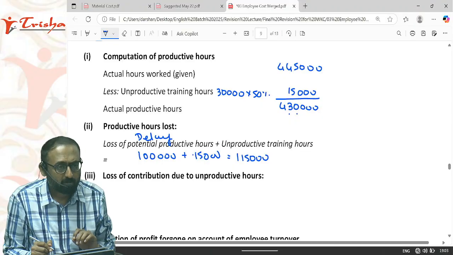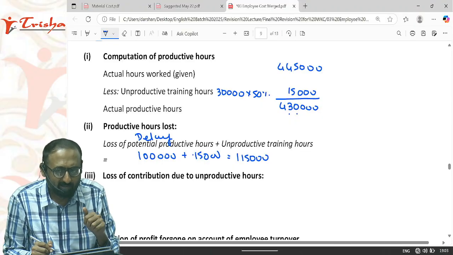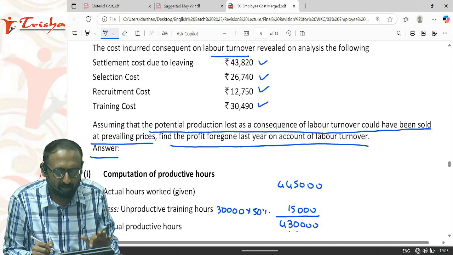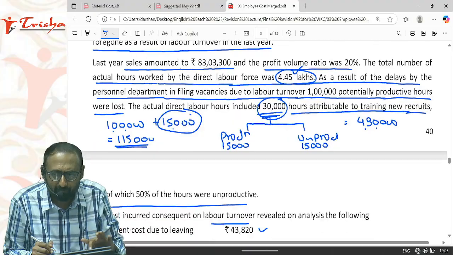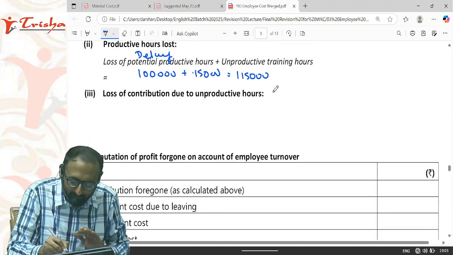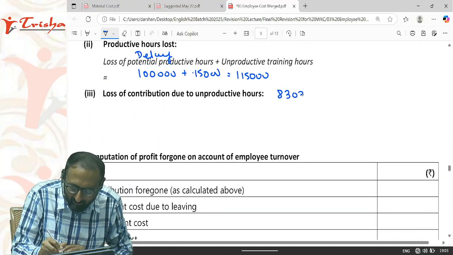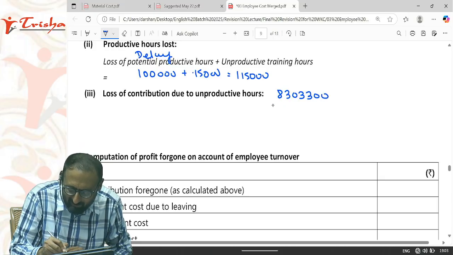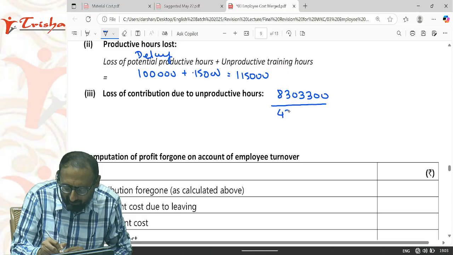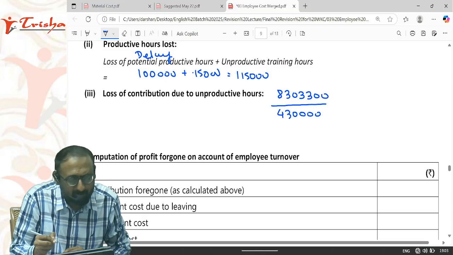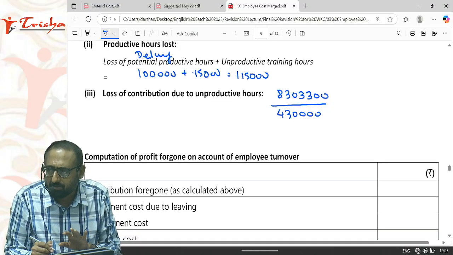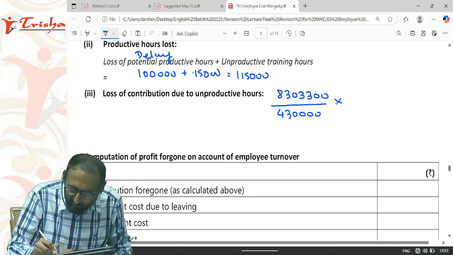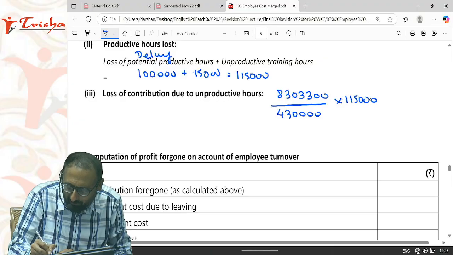How much is the sale you did last year? It is given in the question. Is it 83 lakh 3,300? So 83 lakh 3,300 was your sales of 4 lakh 30,000 hours. You did production in 4 lakh 30,000 hours. How many hours lost by you? 1 lakh 15,000 hours lost by you.